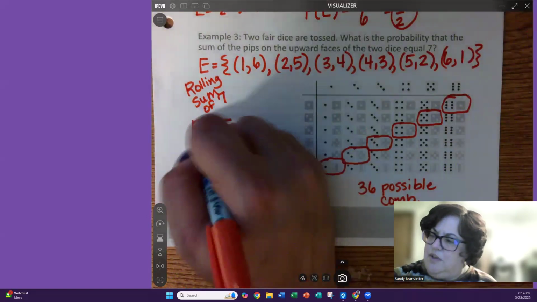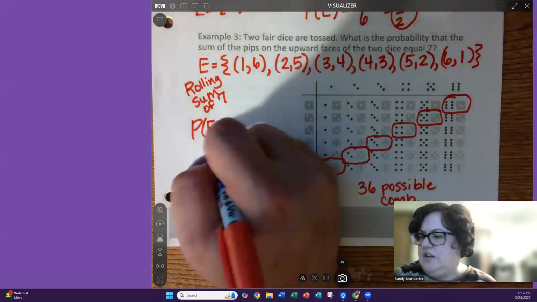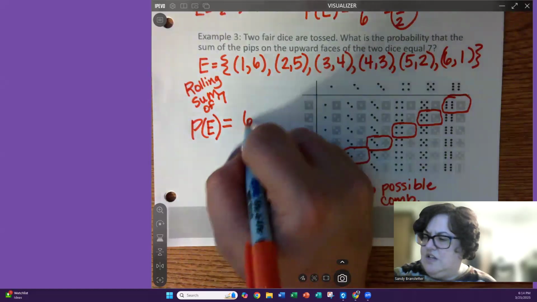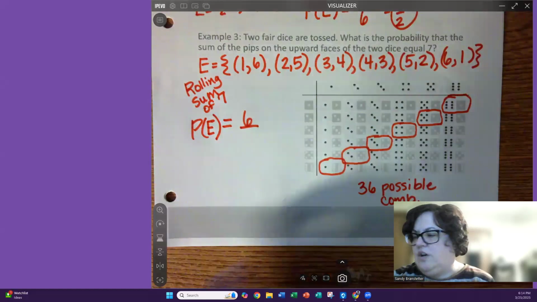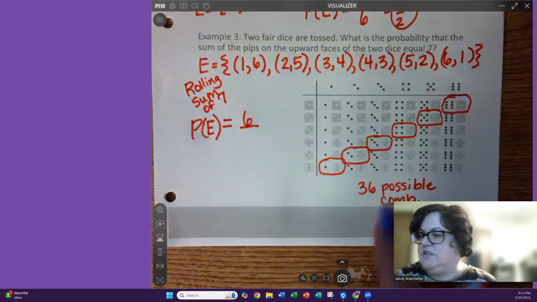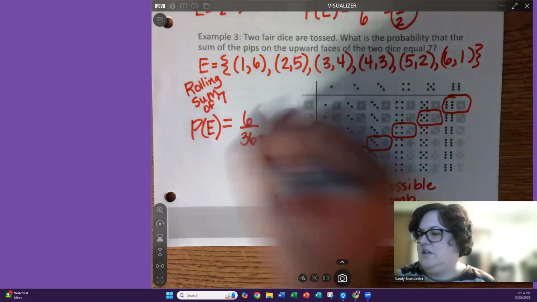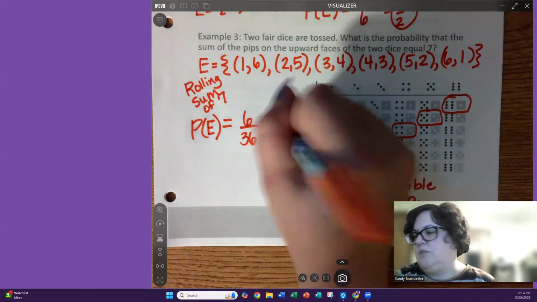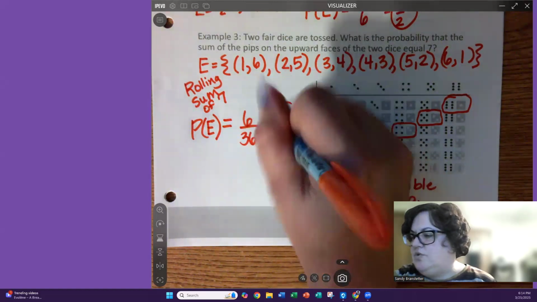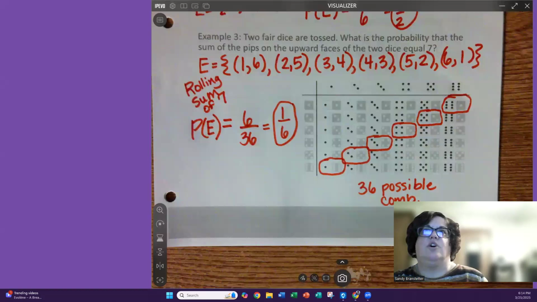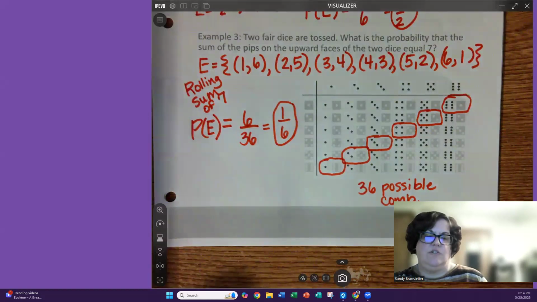So our probability of our event occurring is equal to 6 out of how many possible? In this case, 36. And then again, we want to simplify, reduce, or write in lowest terms all of our fractions.